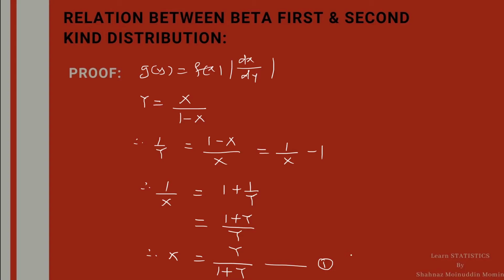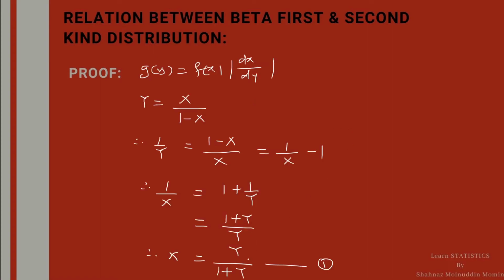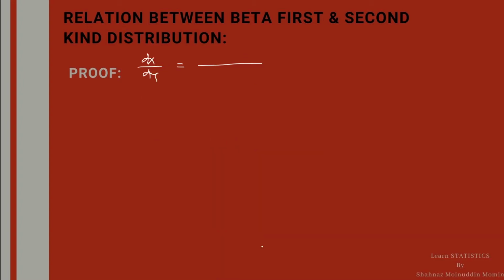Now I will differentiate equation number 1 with respect to y. What will happen? dx upon dy is equal to, since x is of the form u upon v, a ratio of variables u by v, we use the formula of differentiation of division of variables u by v.